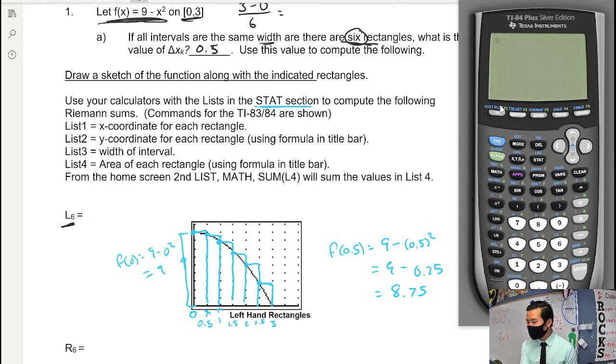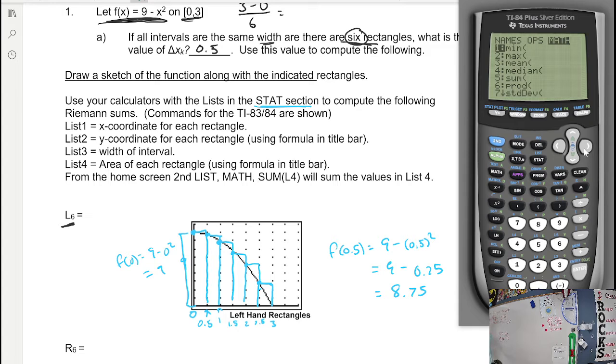You ready for this? Press second stat, this is the names of all the lists. You see them? We got L1, L2, L3, L4, L5, L6. We're going to go to math. Push the right arrow on the top, go all the way to the right, and you'll see there are operations that we can do for our lists.